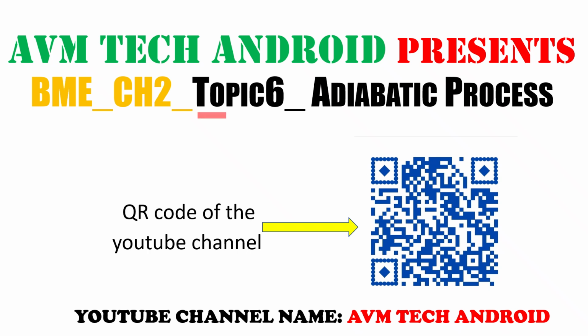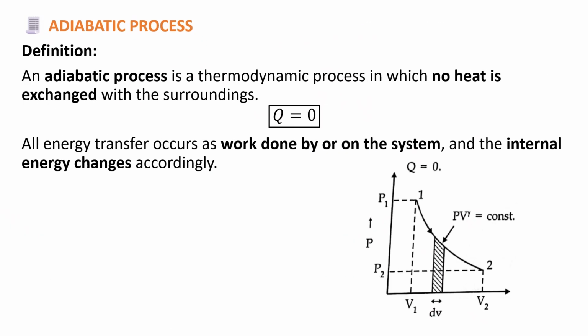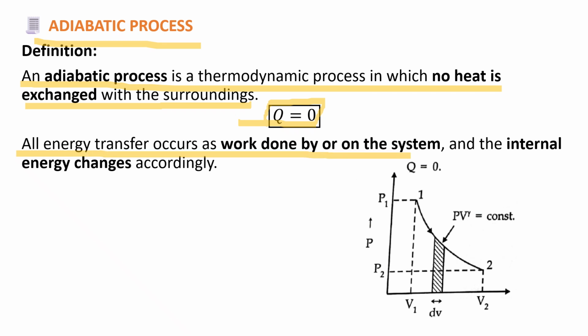So we are talking about the sixth video related to chapter number 2, that is the adiabatic process. So what is an adiabatic process? An adiabatic process is a thermodynamic process in which no heat is exchanged with the surroundings, meaning Q equals 0. So all the energy transfer occurs as work done by or on the system, and the internal energy changes accordingly.